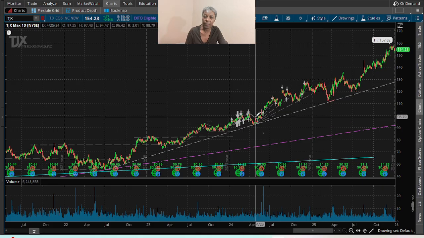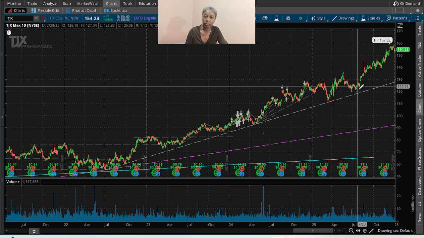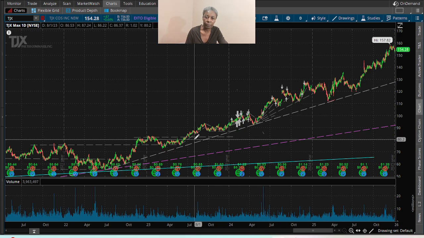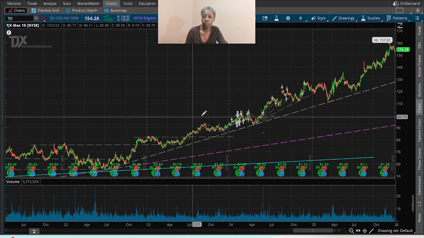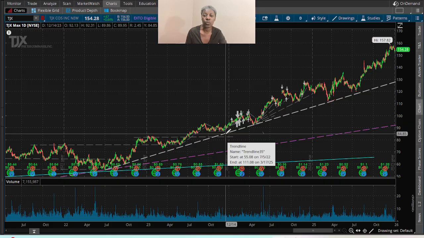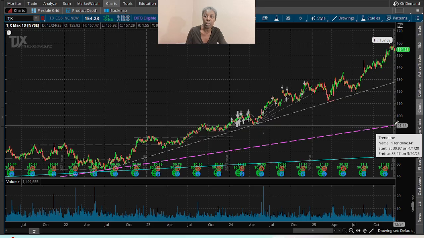At the beginning of the year it tends to come down before going up again. So we are just going to continue observing it and see how long it's going to take before it would pull all the way back here.